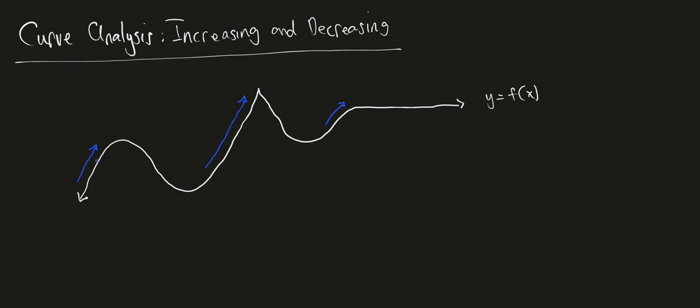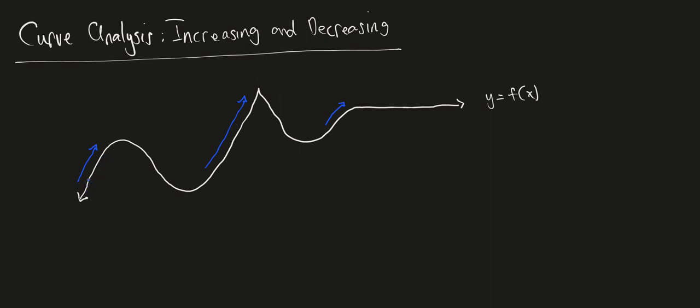So these sections that I've kind of indicated with the blue arrows pointing up, those are portions of our graph that we would describe as being increasing, right? Because essentially what we would say is as x goes from left to right, starting let's say at this x value here, as x gets bigger, so does your y.